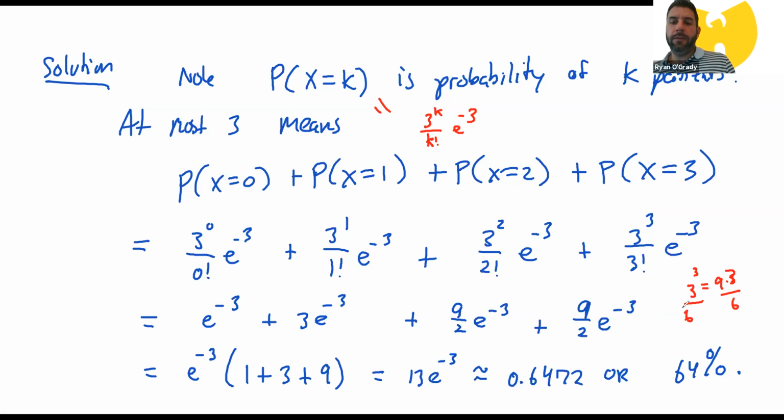That's how I get 9/2. So 27 over 6 is 9/2 is another way of saying that. Does that answer your question? Yay, nay? Yeah.